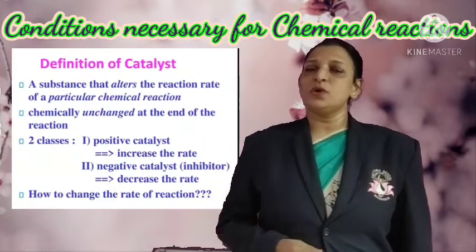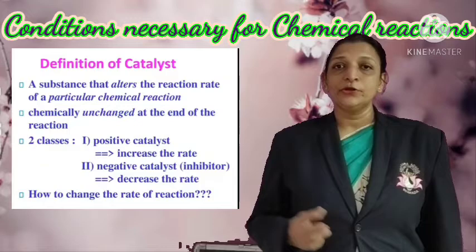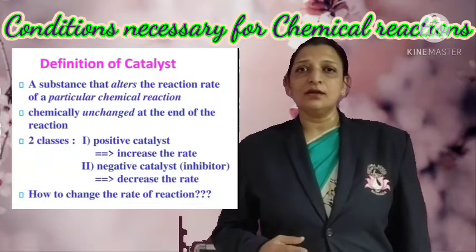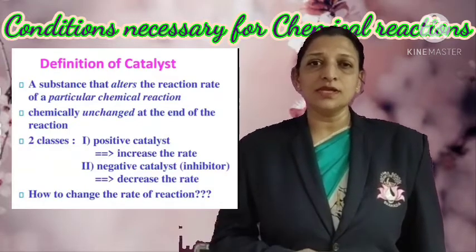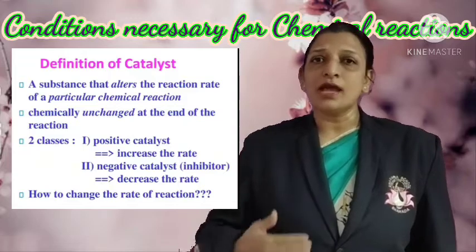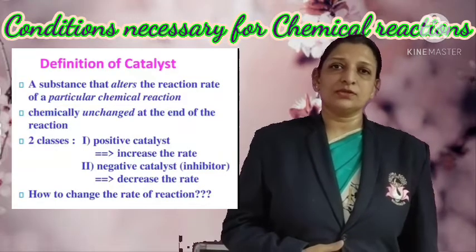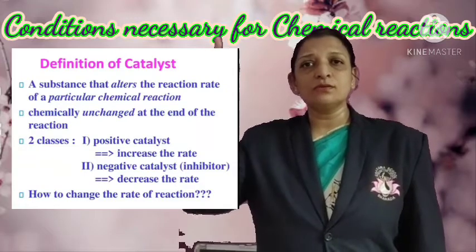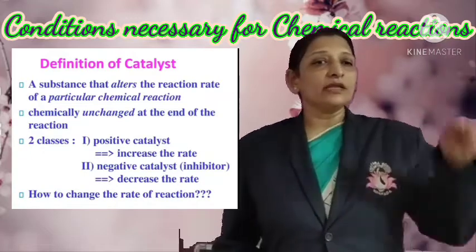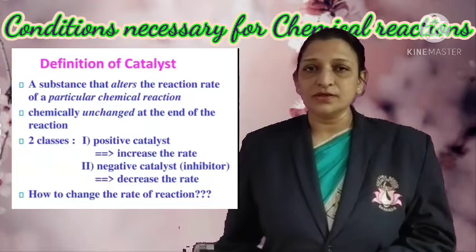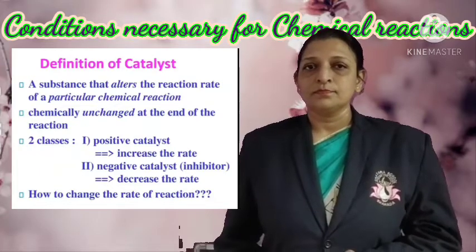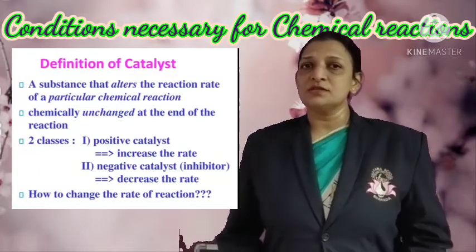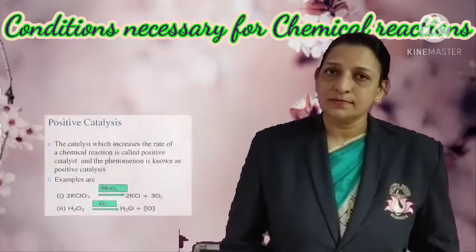Next and the last point is catalyst. Dear friends, catalysts are nothing but the substances which are not actually taking part in chemical reactions, but their presence either increases or decreases rate of chemical reaction. Such substances are called as catalyst.